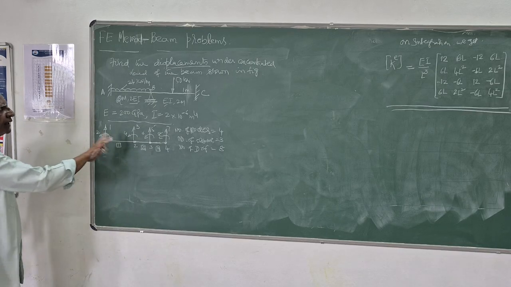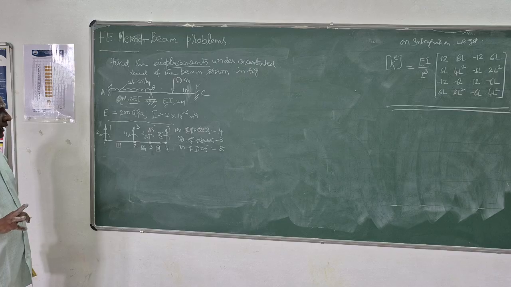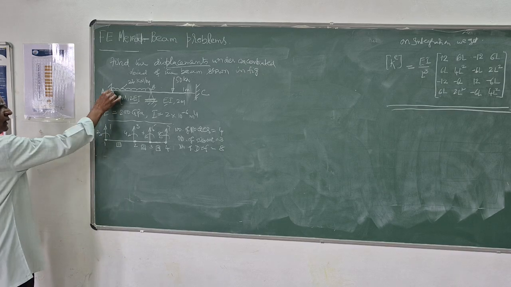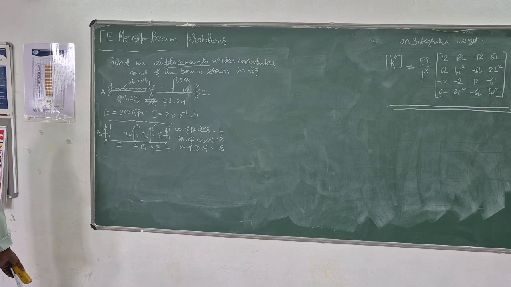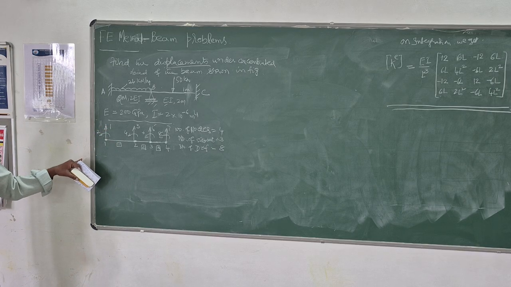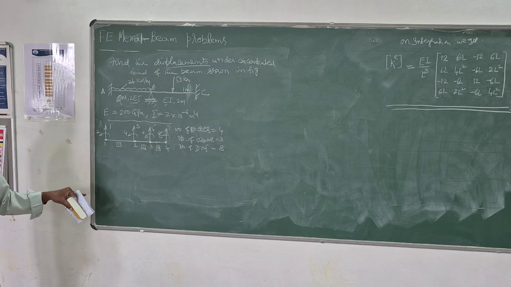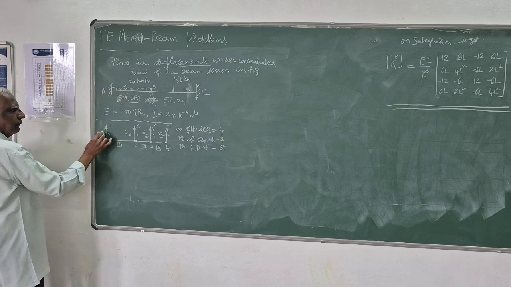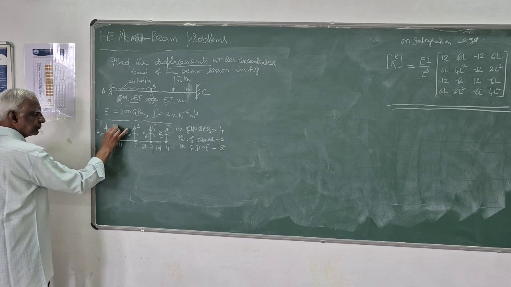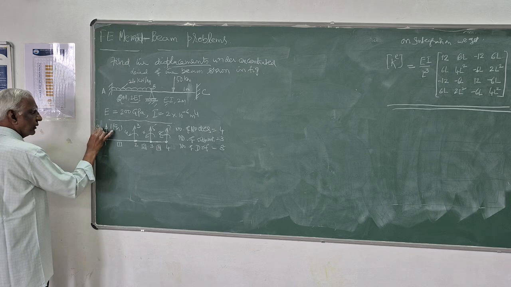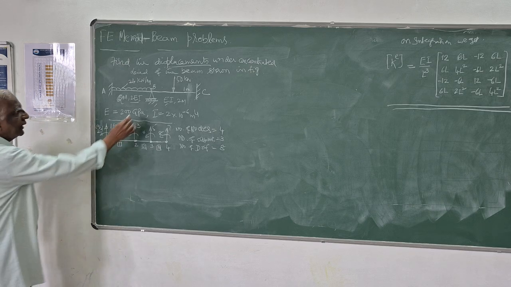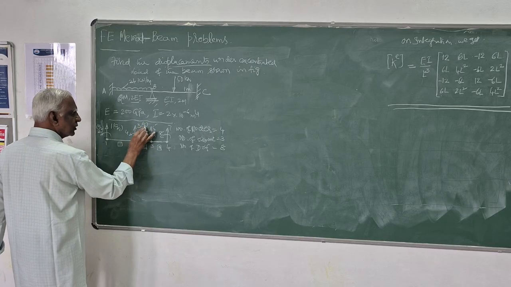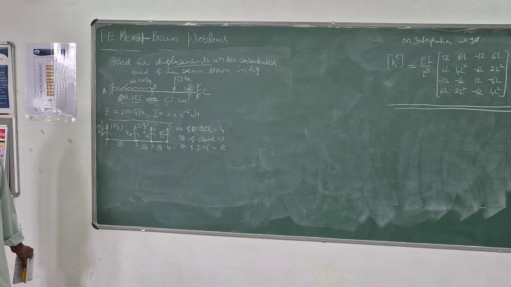Out of these 8, only 3 are the unknowns. Here at node 1, both displacements are 0 because it is a fixed boundary condition. We are imposing the boundary conditions. When you impose the boundary condition, both displacements Q1 and Q2 are 0. Here Q3 is 0, whereas Q4 is the unknown.